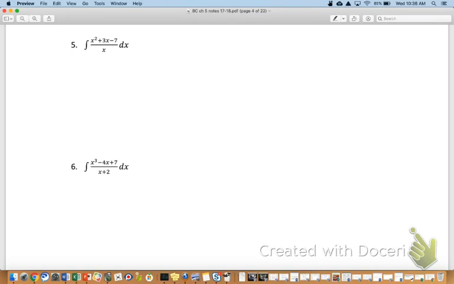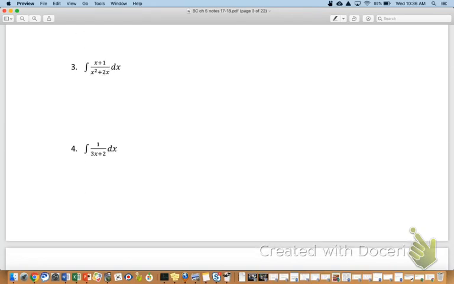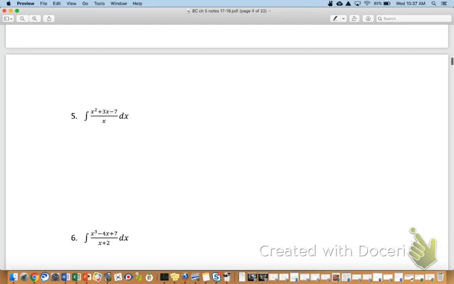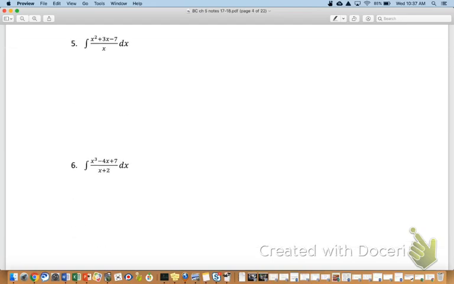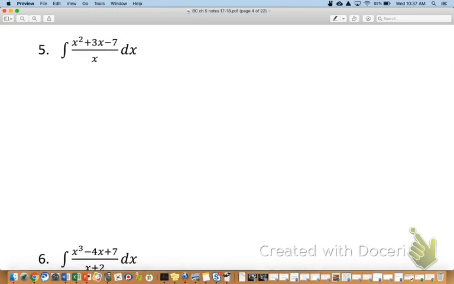Did you notice that in 3 and 4 the degree of the numerator was less than the degree of the denominator? Yes. So that means that ln is a possibility right off the bat. It might be natural log. But when you look at 5 and 6, did you notice that it's the other way around? The degree of the numerator is actually bigger than the degree of the denominator. And so in these cases, we are pretty exclusively going to do one thing to get these into a better form, and that's division. Sometimes that division will be super easy. Sometimes it'll be a little bit tougher.